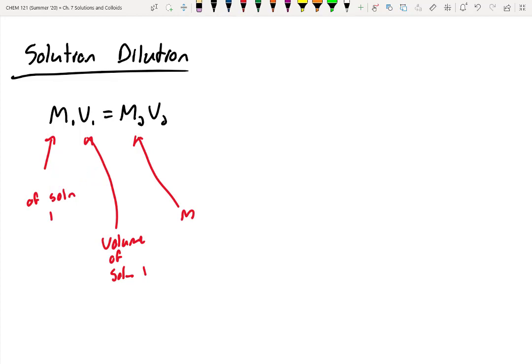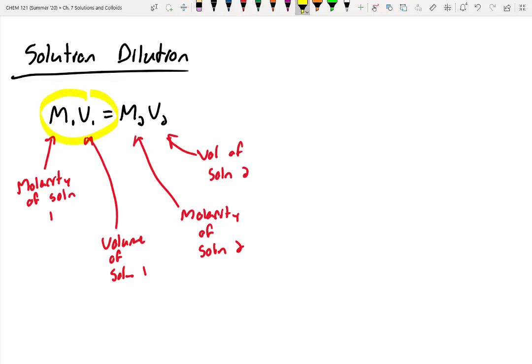Let's just stick with molarity. I want to avoid confusion. Sorry if I messed up your notes. Of solution 2, and then volume of solution 2. All right, so really it says if we're given the molarity and volume of 1, we know how many moles we have in this solution, right? And then same thing over here. So we can use this to do some planning.